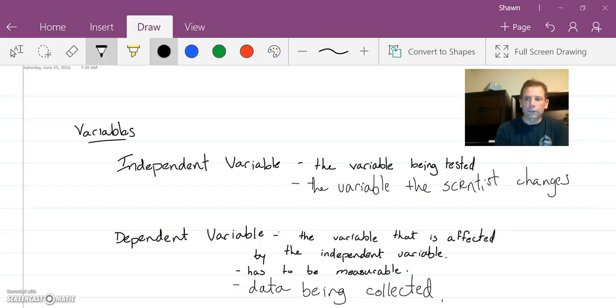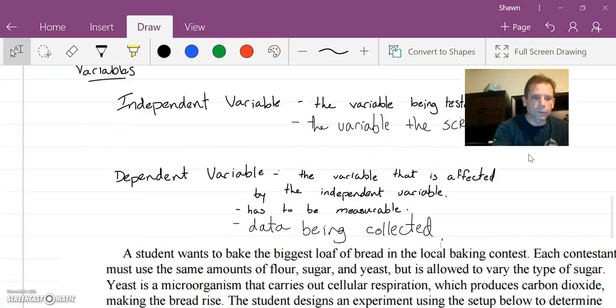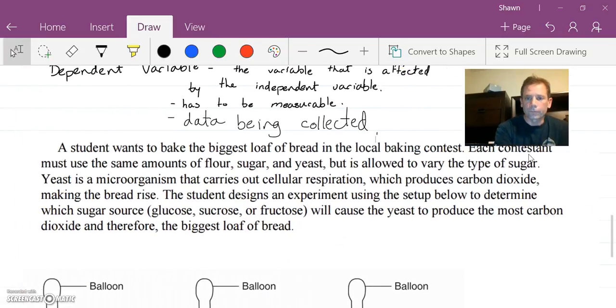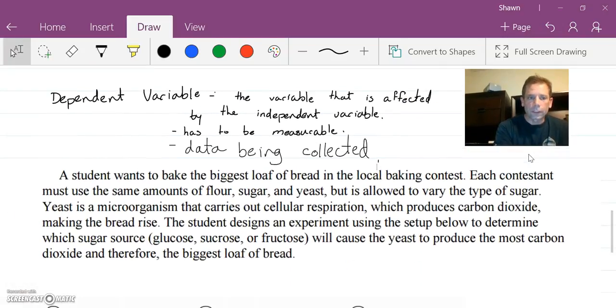Let's try to get down to an experiment that may have an independent variable, dependent variable. If I can scroll down, let's see if we can do that. Okay. So if we take a look at this one, a student wants to bake the biggest loaf of bread in the local baking contest. Each contestant must use the same amounts of flour, sugar, and yeast, but is allowed to vary the type of sugar.